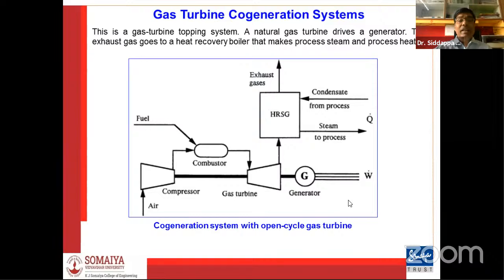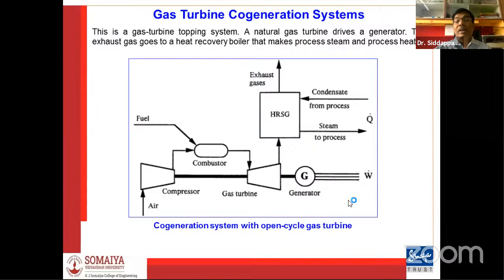And this gas turbine is again a topping system, because here, initially, we are producing heat energy by extracting the heat from the fuel by combustion in the combustion chamber. Then the burned gases at high pressure are made to expand in the gas turbine, and then the exhaust gas will be utilized for different thermal applications.